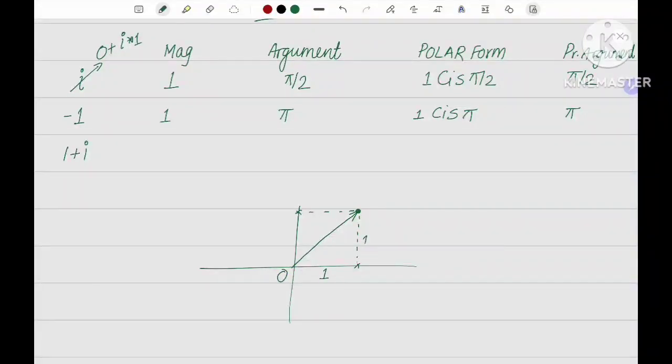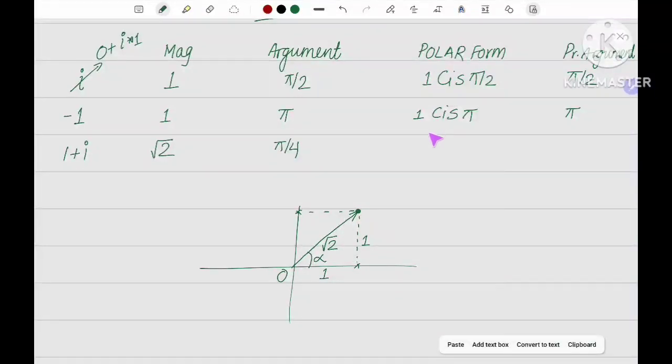If this is 1 and this is 1, what is the magnitude? Root 2, right? Simple right angle triangle, Pythagoras hypotenuse formula. I can get magnitude as root 2. What is the argument? If you calculate this angle alpha, this will be pi by 4.